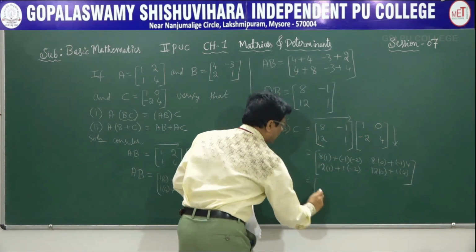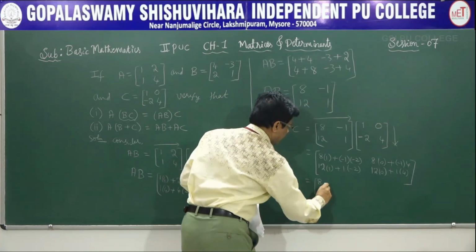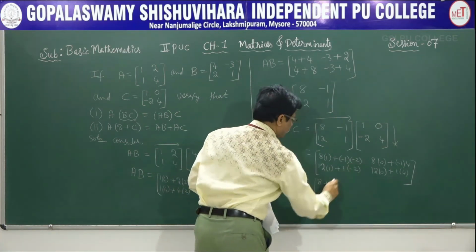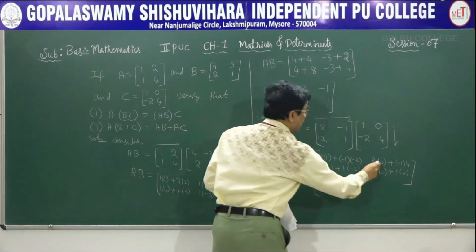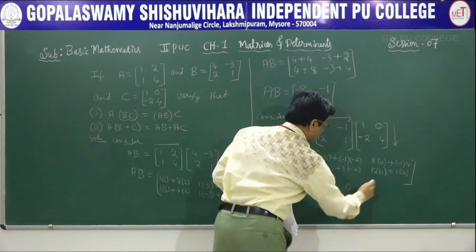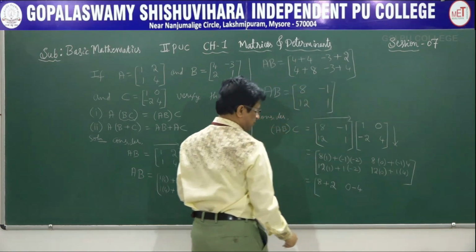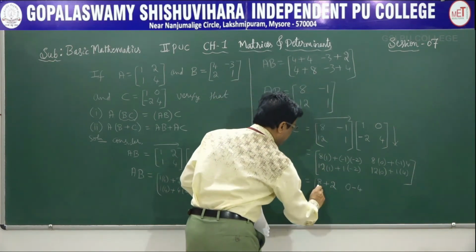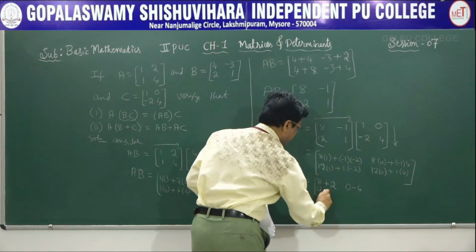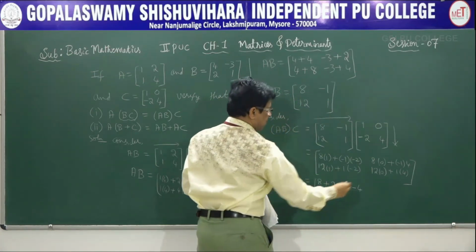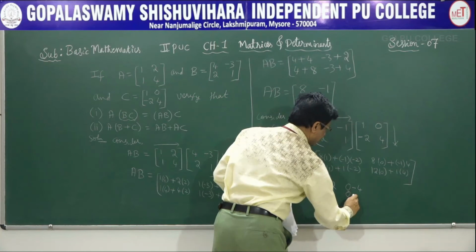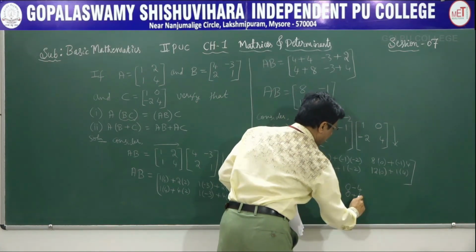So that will be equal to 8 plus minus 1 into minus 2 is 2. 8 into 0, 0, minus 1 into 4, minus 4. 12 into 1, 12, plus 1 into minus 2, minus 2. 12 into 0, 0, plus 1 into 4, 4.